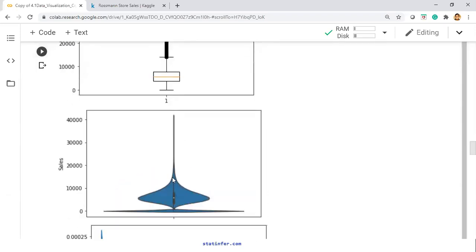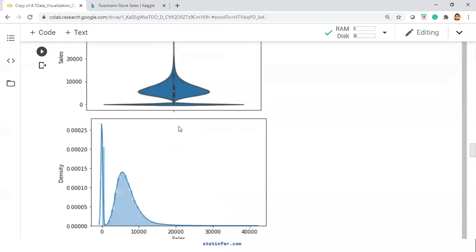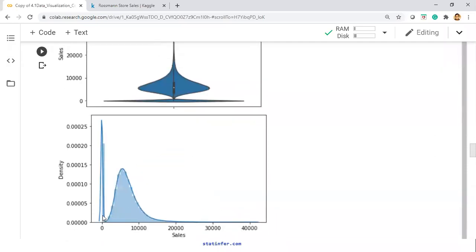The same information is given by the violin plot. In the violin plot, the maximum distribution is here and it is going thinner and thinner here. The same information is given by the histogram. These zeros are high. Can you tell me why zeros are high? When the store is closed, definitely you will have no sales. Definitely those counts will be there. That is where one peak is, at zero.